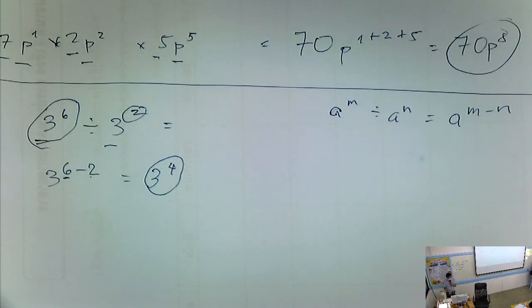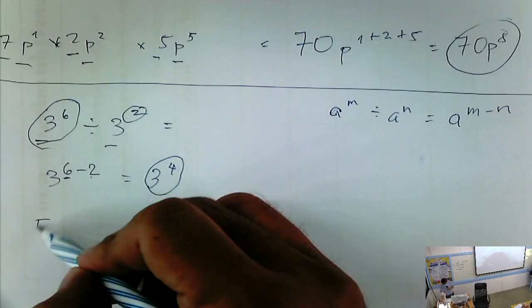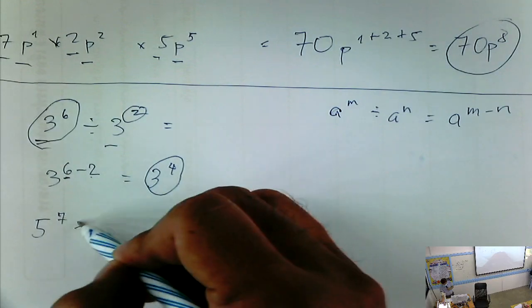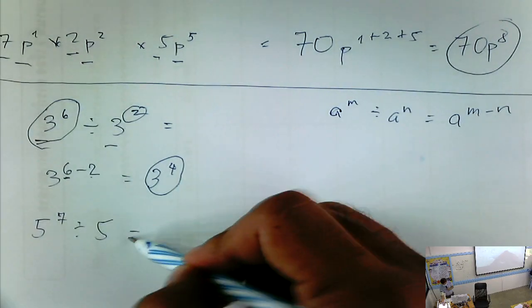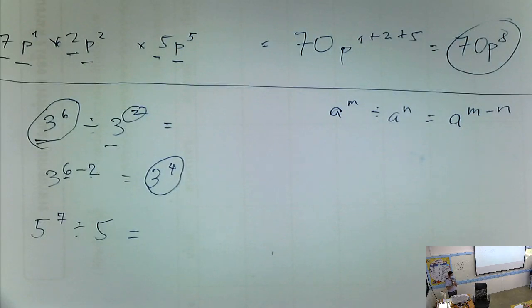Okay? How about this one? 5 to the power of 7 divided by 5. What would be our answer?